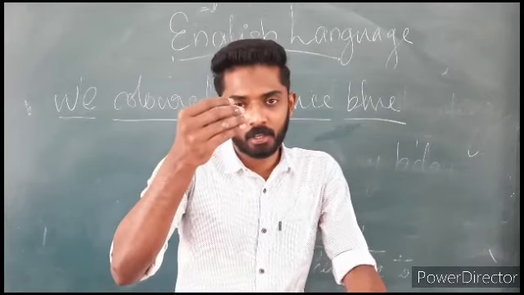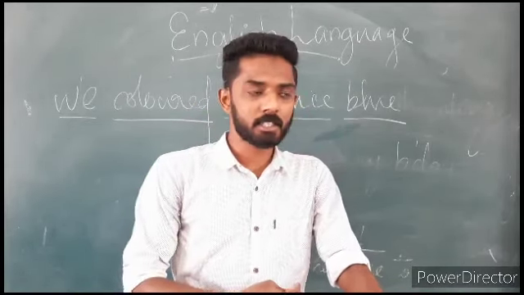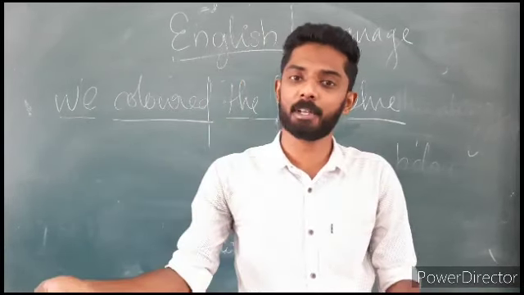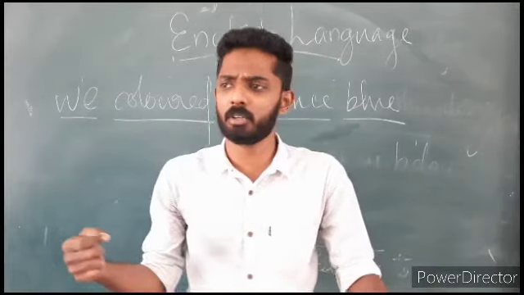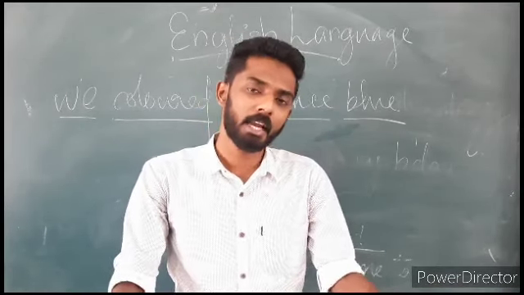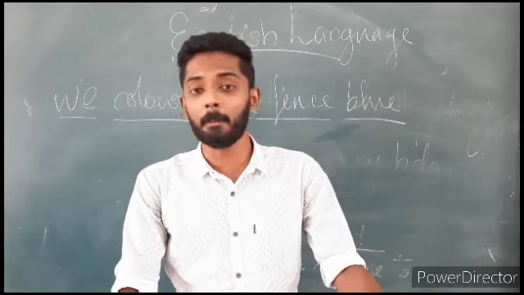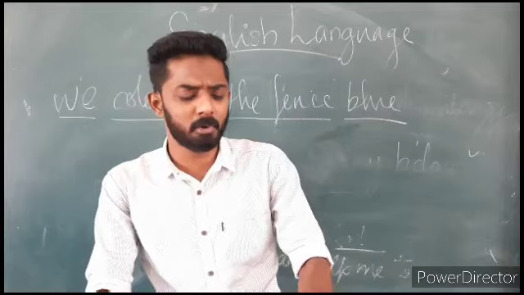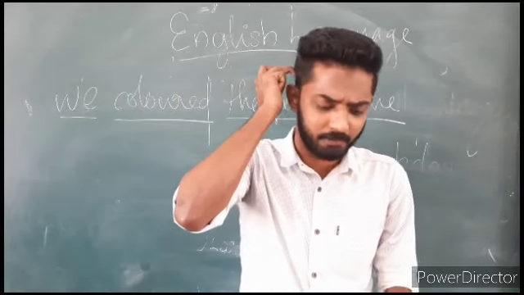If a complement is necessary in the sentence, we can call it a transitive verb of incomplete predication. If we do not need a complement in order to explain something, we can call it an intransitive verb of complete predication. In the same way, there is a transitive verb of complete predication. So we will see what it is.